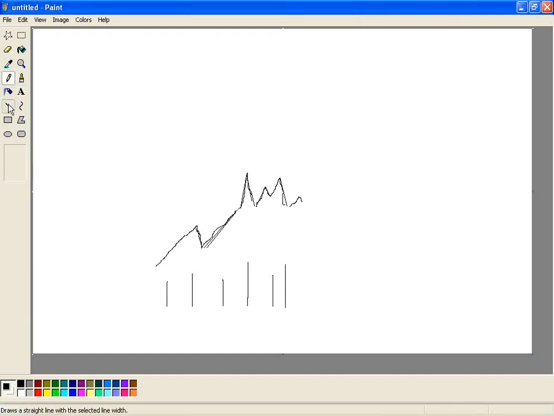Let's say it looks like that, because the no demand would be a candle that moves up but does not close at the high, and a small body, and of course low volume, lower than the previous two. There's my no demand.